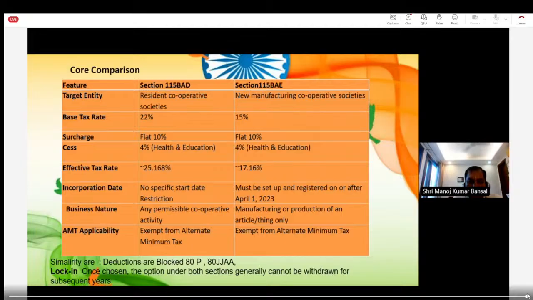Similarities are deductions are blocked. Section 80P is blocked. Section 80JJA is also blocked. Lock-in is there. Once you choose, it cannot be withdrawn in subsequent years.